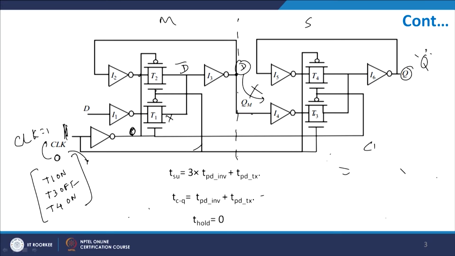So when clock equals 1, T1 is in off state, but T2 is in on state, and T3 is also in the on state, but T4 is in the off state. So I have disconnected this feedback loop. Now, any data available at this point will be accepted by T3 and it will be stored somewhere here.